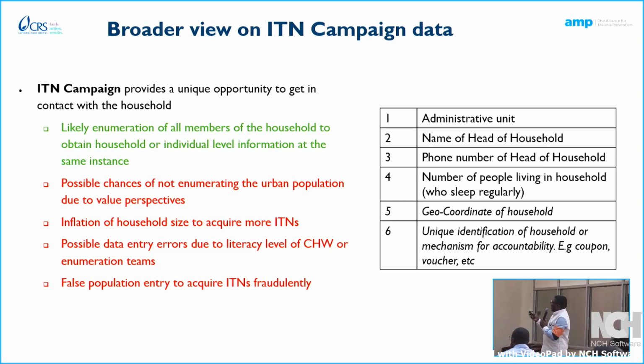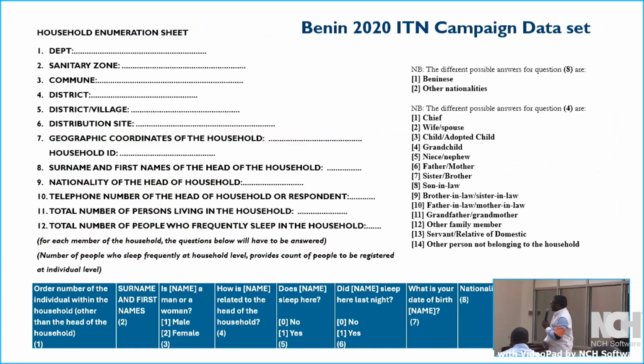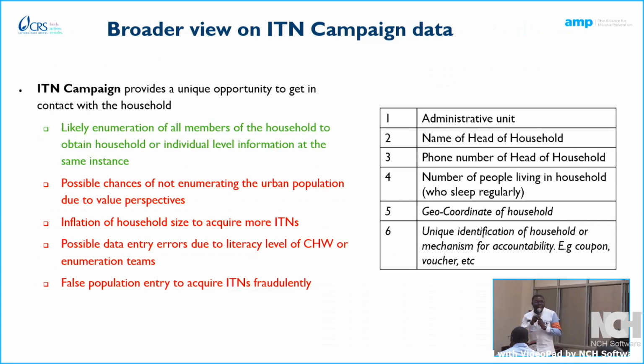Now, let's look at this data set in the context of other campaigns. Okay, just before that, maybe I will actually just call out one of the countries. So now, in most countries, we receive this information for ITN campaigns.